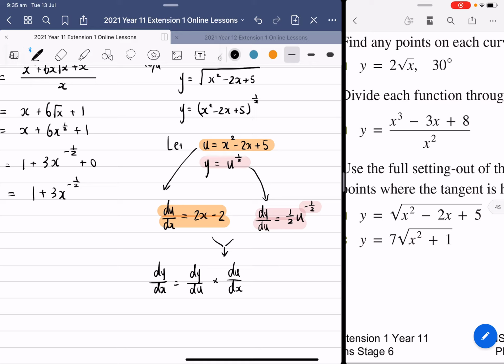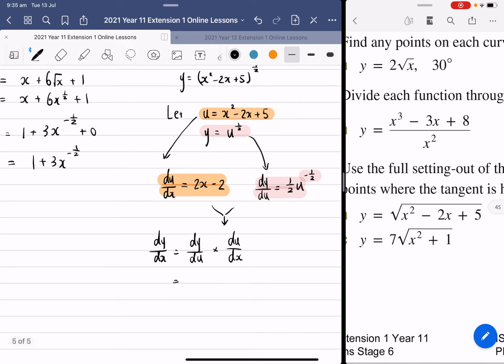Now we can simply do a substitution. We know dy over du is equal to half u to the power of minus half, and then we times by du over dx, which is 2x minus 2.